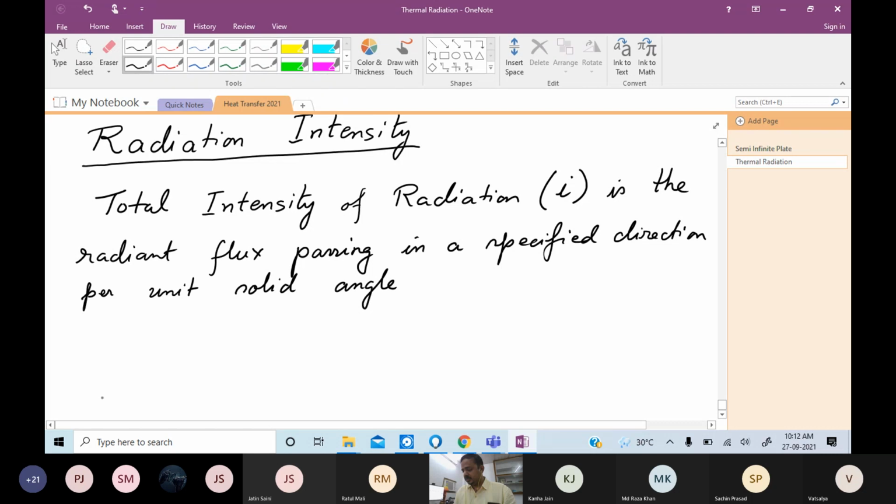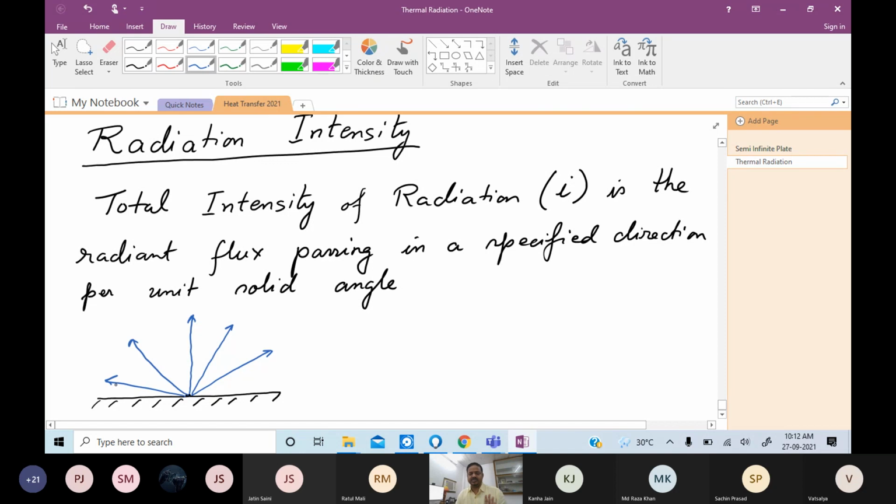Okay, what do I mean by this? Let us first look at what I'm saying. If this is a surface and I take a point somewhere here, this infinitesimal area dA, let us say, on the surface is going to emit radiation in all directions, right?